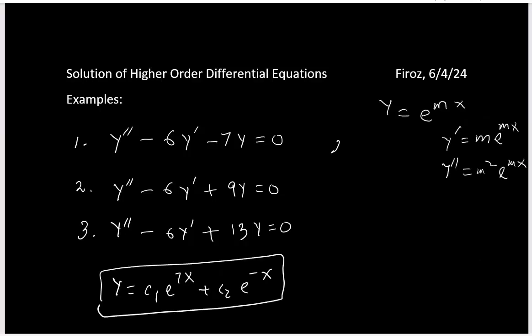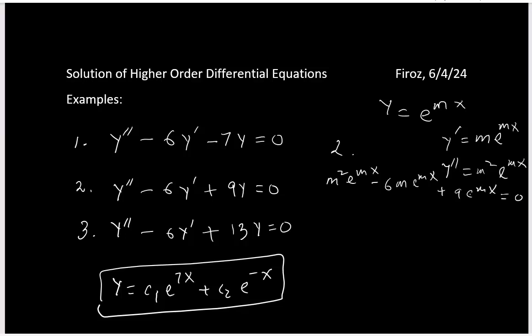Now for number 2, we'll be using the same function y equals e to the mx, and then y prime, y double prime are known. If you plug it into equation number 2, you get m squared e to the mx minus 6 m e to the mx, and then plus 9 e to the mx equals 0.